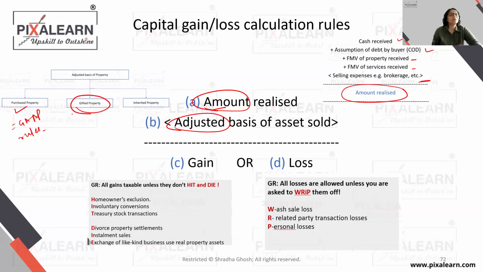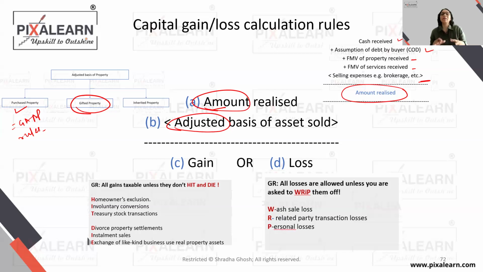For a gifted property here, again, we have the emphasis of gift tax, right? And we say that if it's a gifted property, the gains and the losses are generally not considered. The giver can have the gift tax, but only on the appreciated value of the property. The receiver will always take the property as it is.